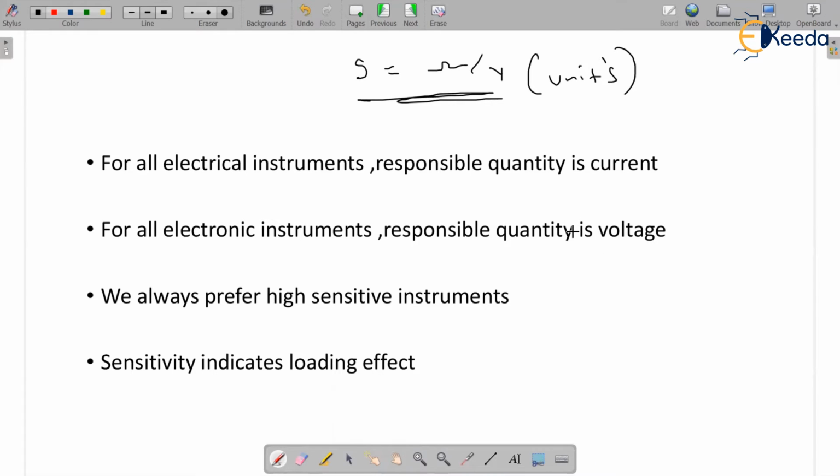Listen here for a while. In your PMMC, MI, dynamometer type wattmeter, your TD is directly proportional to I, whereas in a digital voltmeter and CRO, voltage plays the major role. So we always prefer a highly sensitive instrument.